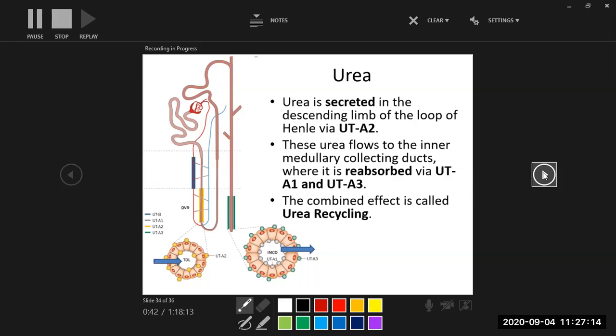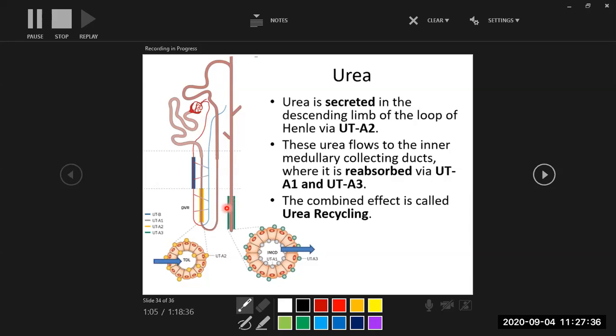And that way we can use it to increase the osmolarity in the inner medulla, and the additional urea will be secreted back to the tubule, and we can use it here again.